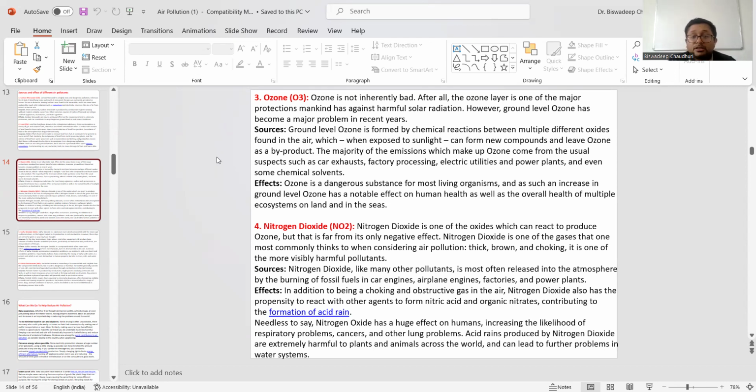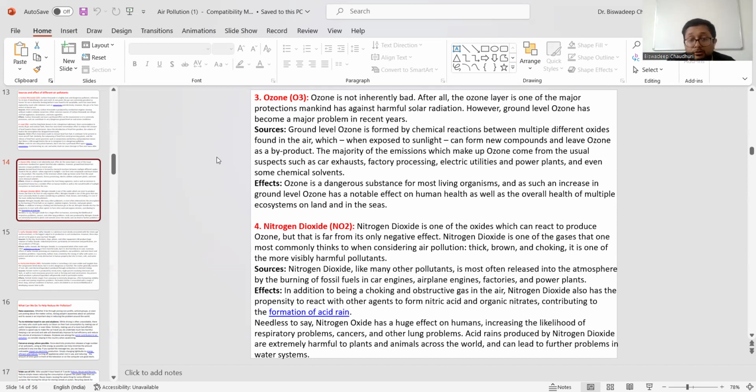The majority of the emissions which make up ozone gas come from the usual suspects such as car exhaust, factory processing, electric utilities, power plants, etc. And even ozone is a dangerous substance for most living organisms if it comes in contact. Keep it in mind, ozone will not go everywhere like carbon monoxide. If you come in contact with ozone, then it is bad.